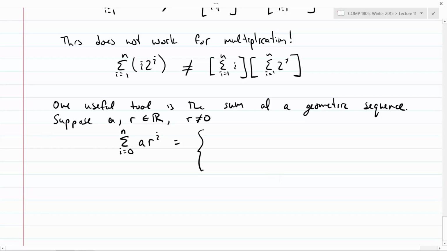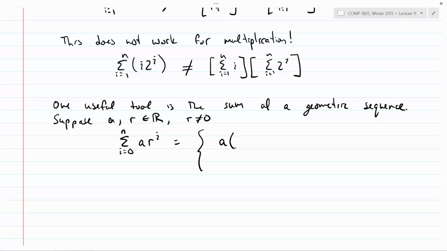So if R equals 1, that means every term is the same. If the common ratio is 1, then to get from one term to the next term, I just multiply it by 1, which is the same as doing nothing. So every single term has to be whatever the initial term was, which is A. So I have A, and then I multiply that by the number of terms that I'm interested in. How many terms am I summing up? n or n plus 1?